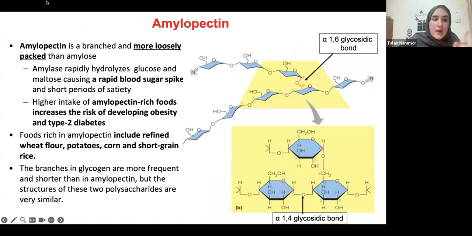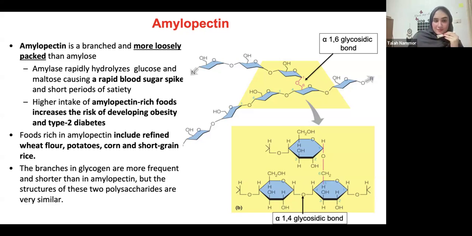Now, we said we have amylose and amylopectin. Amylopectin is branched, right? Amylose is not. It's linear. Now, amylopectin, because it's branched, think of it like this: if I have something that is branched like this, and I'm an enzyme and I want to break it down, isn't it easier for me to just break this bond and then have a glucose molecule that is just free?